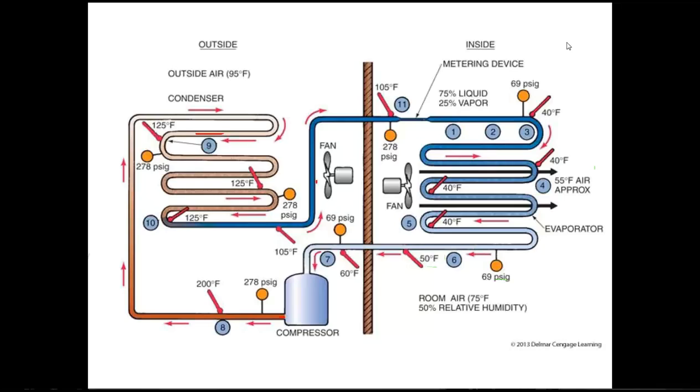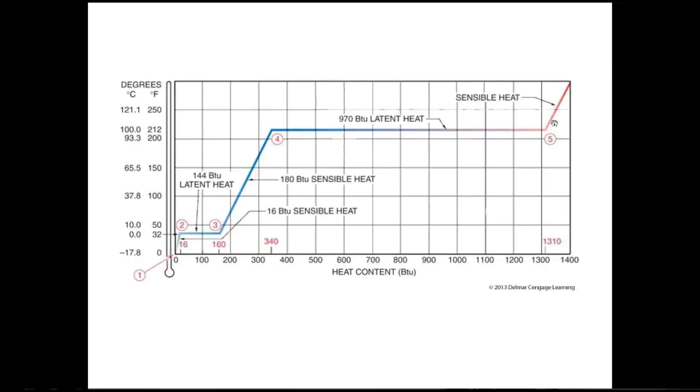Remember, when we talked about sensible heat, let's take a look at that in this chart here. So here's the point where the refrigerant enters the evaporator coil. It's at 75% liquid, 25% vapor, and as it travels through the evaporator coil, it's picking up all of the heat and changing state. And that's where all the heat energy is absorbed into the refrigeration system.